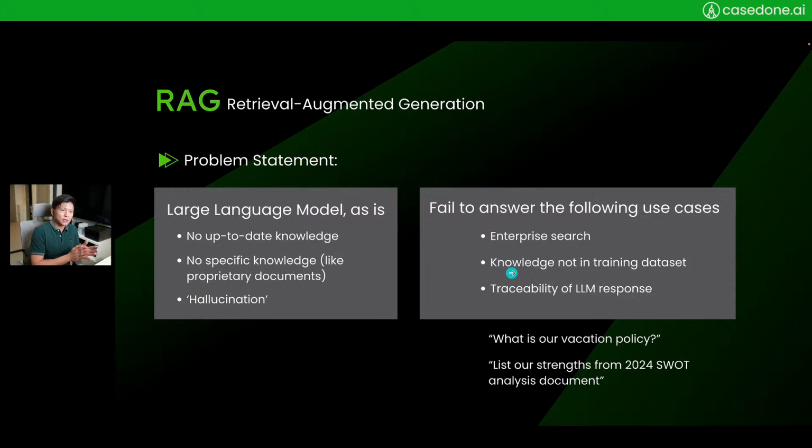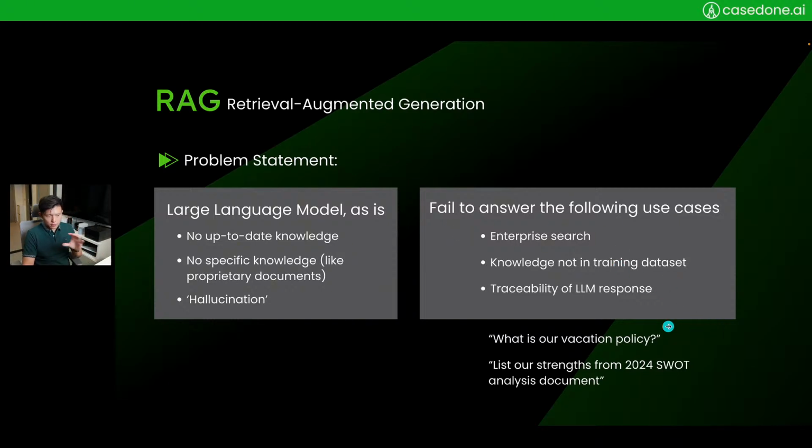The same goes for knowledge not in the training data set. Maybe you have very specific domain knowledge. For example, maybe you are a lawyer and the model is not specifically trained with legal language, so it will not know how to answer well. And lastly, if you want to trace back what caused the model to answer a question a certain way, the typical LLM will not have that traceability.